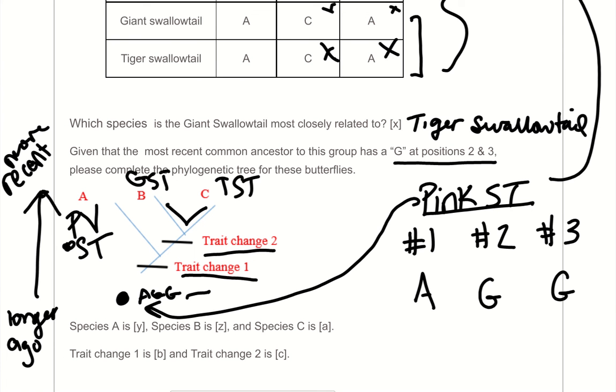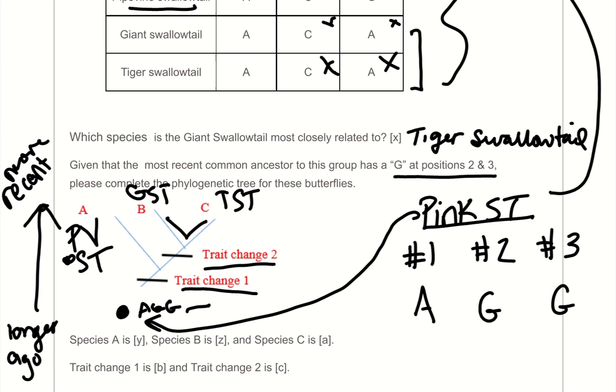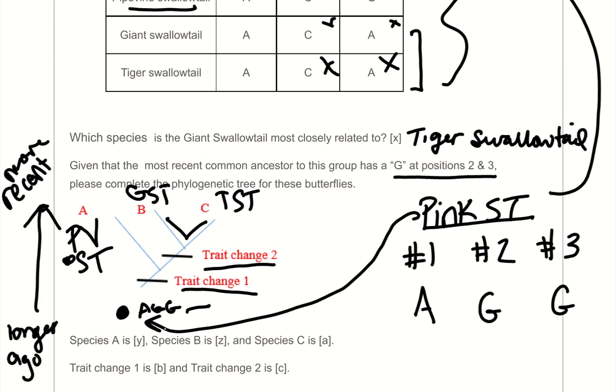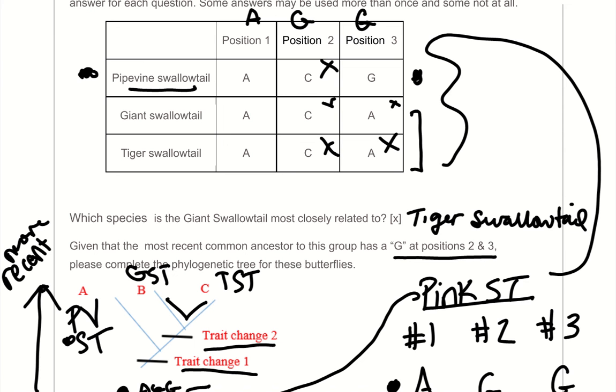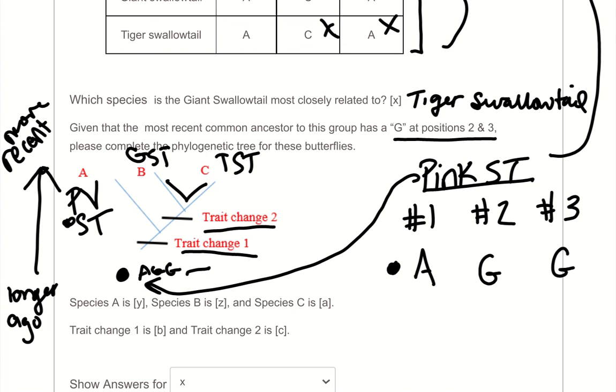So then we can say that the change that happened between our ancestor and the pipevine swallowtail was that we had position 2 change from a G to a C. Okay, so our trait change 1 was G to C at position 2.